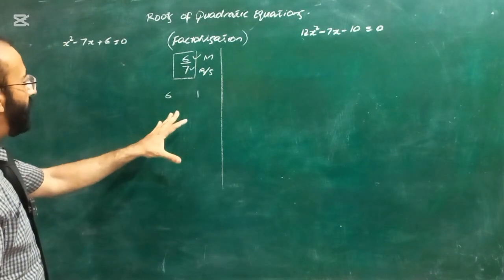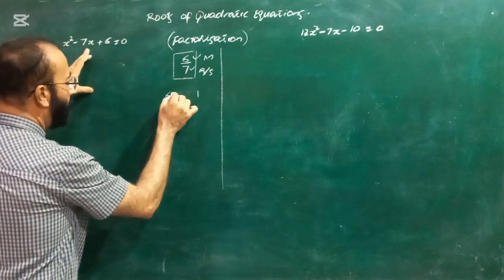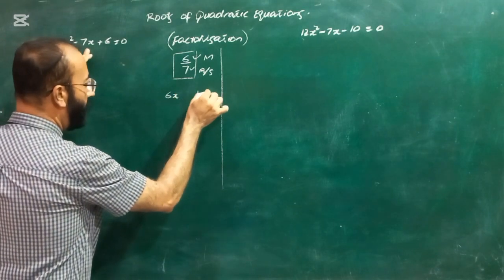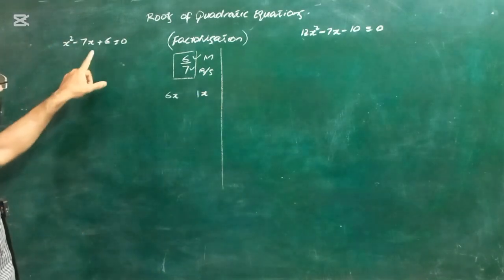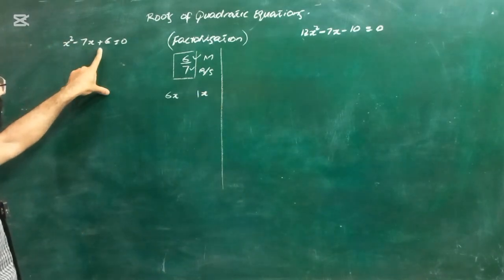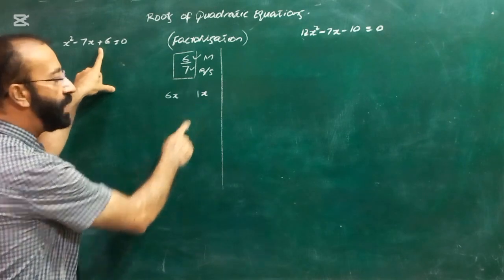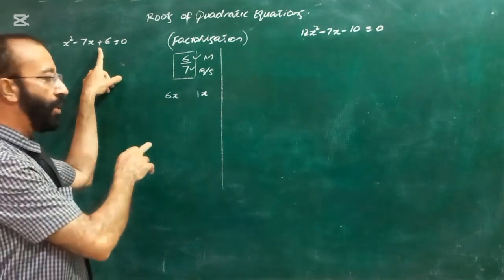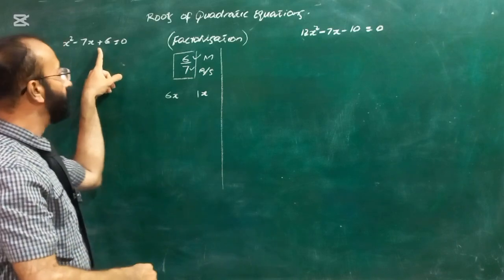After deciding the factors, write the singular variable with it. This is the next step. Then check the sign of the constant value. If this is positive, then these two factors will have the same sign, either the positive one or the negative one.